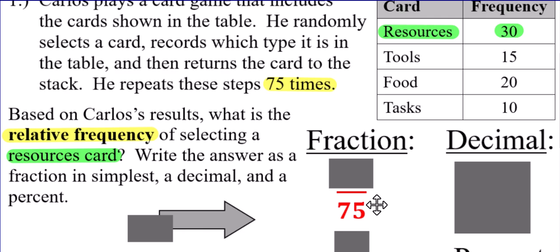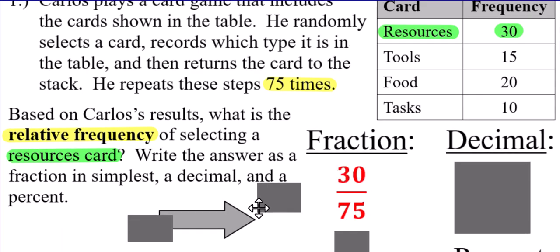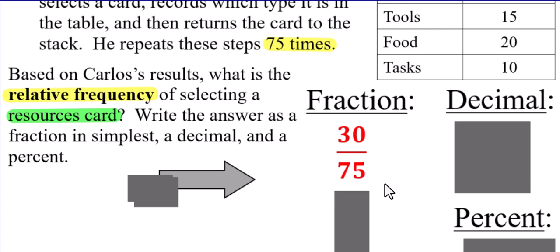How many ways did the event occur of getting a resources card when Carlos randomly picked a card at random? Well, it happened 30 times, so the numerator is 30. This is not in simplest form. Hopefully you know simple little divisibility tricks. If both numbers were even, they'd both be divisible by 2.